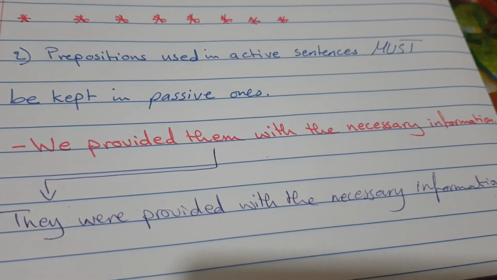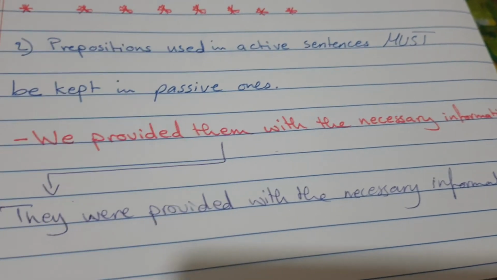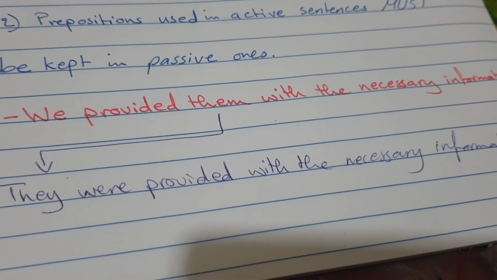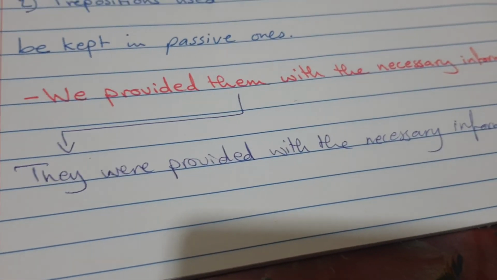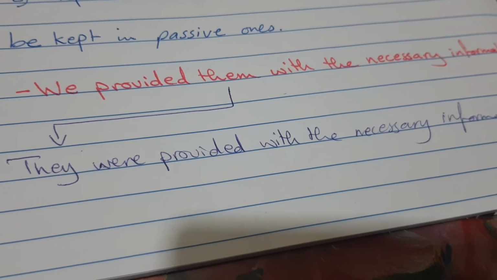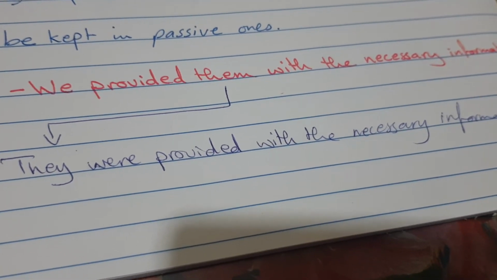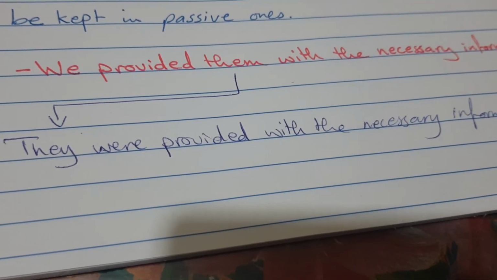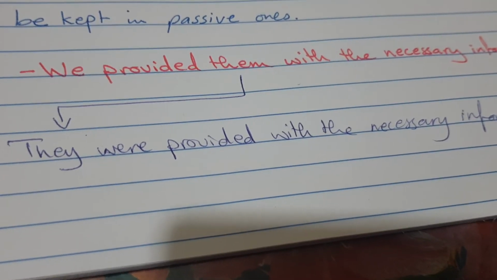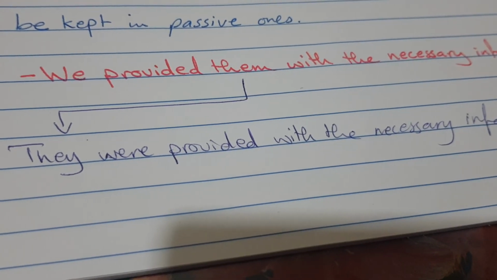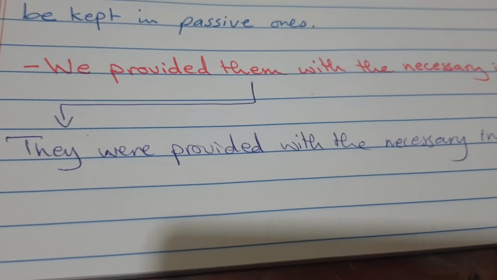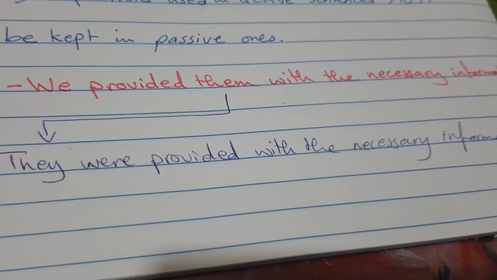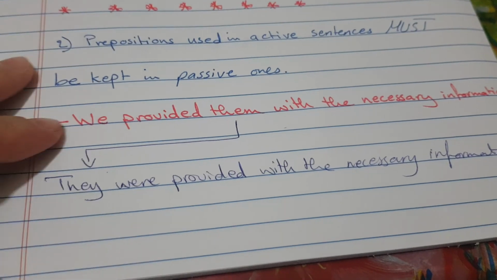So, they were provided with the necessary information. And again, them as object in passive voice becomes a subject pronoun, that is they. For example, if you have him, it becomes he. We have her, becomes she. If we have us, it becomes we, etc. So they were provided with the necessary information. We do not drop out the prepositions in passive voice.